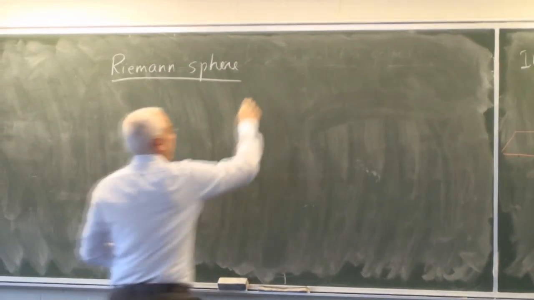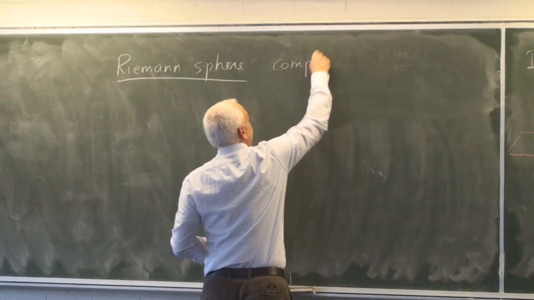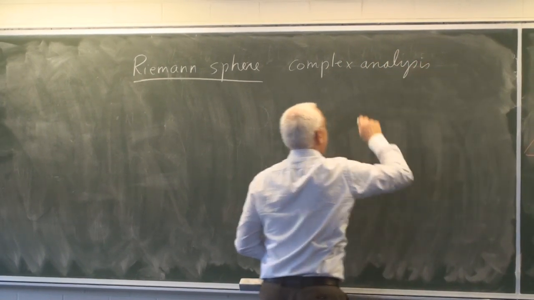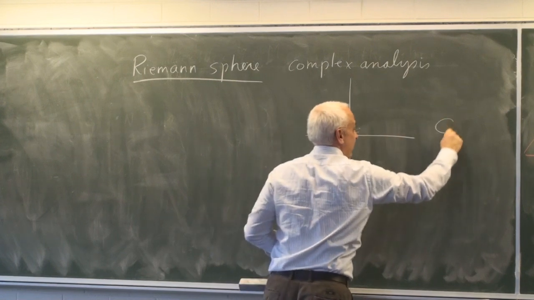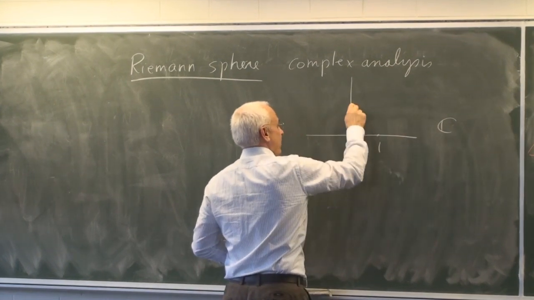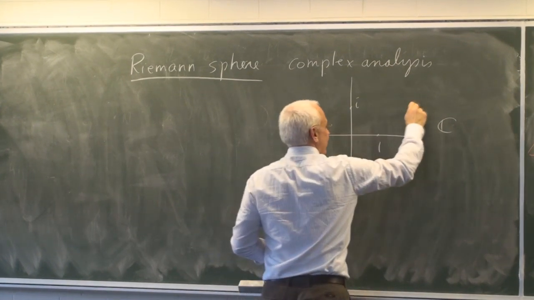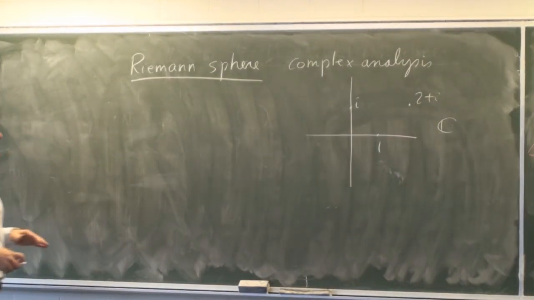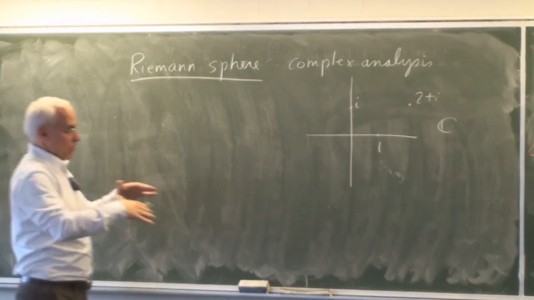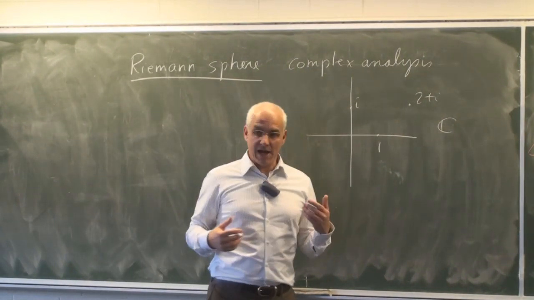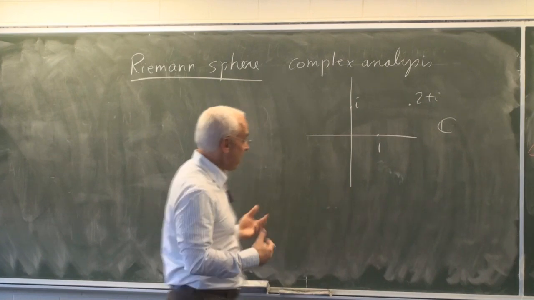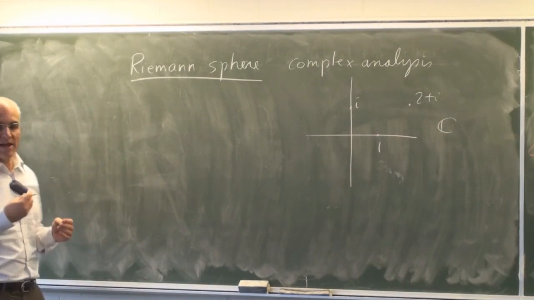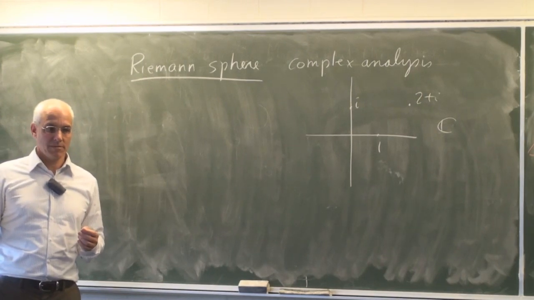When you study complex analysis, we are studying functions in the complex plane, 1 and i, and 2 plus i, and so on. Well, this is just the ordinary plane, but Riemann realized that for many purposes it was better to think of the complex plane as being augmented by an additional point.